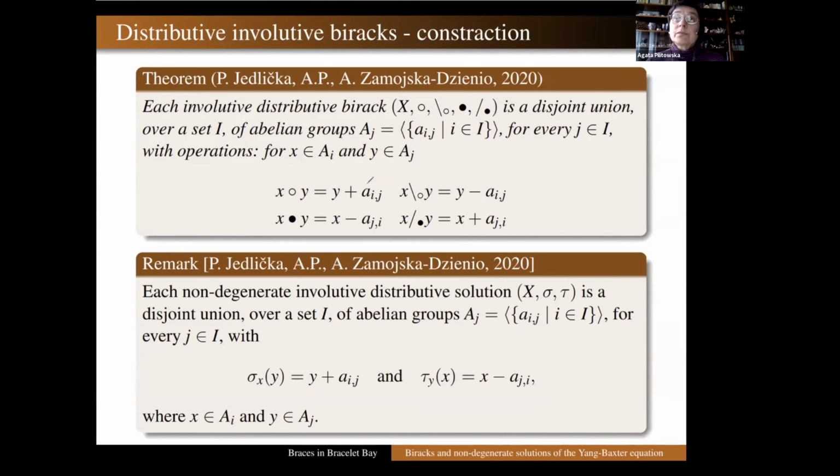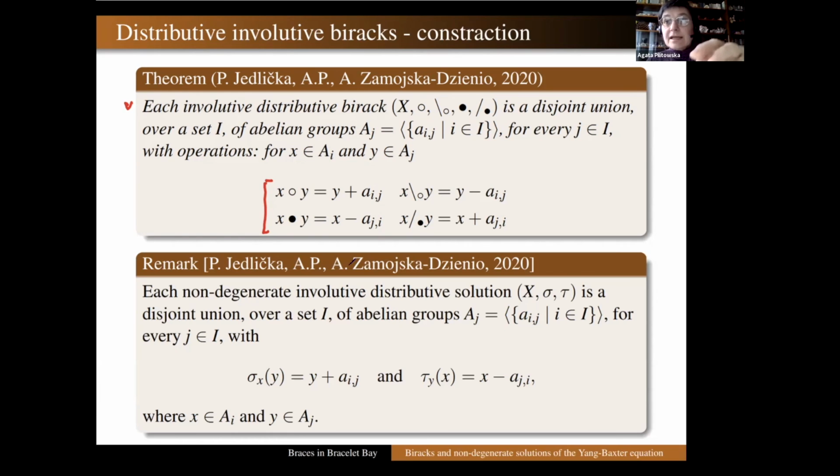It is true that each involutive distributive Birack can be constructed as a disjoint union of a family of abelian groups, and we can present an explicit form of left and right operations of this Birack.